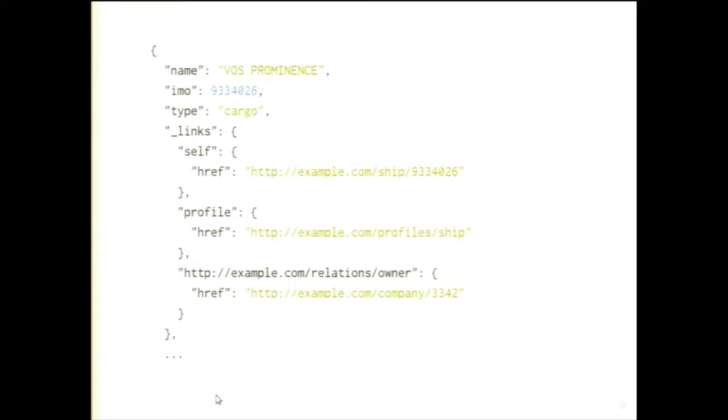That means that the client gets a resource and then sees the profile and knows, okay, now I know this is a ship. And so it can use special processing for when it processes ships. And then it adds the third relation, which is a real relation to another resource, which is the owner in this case.